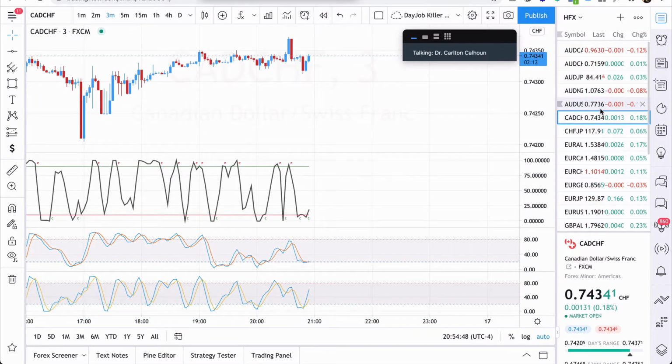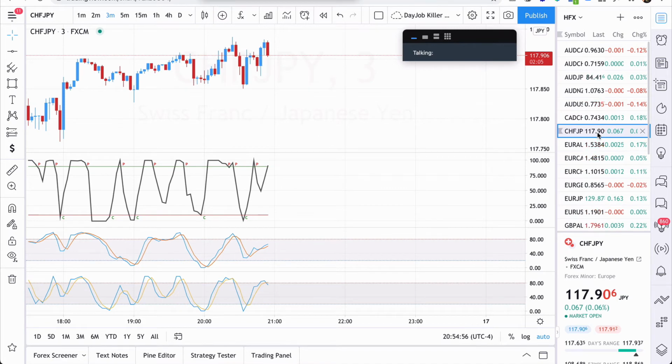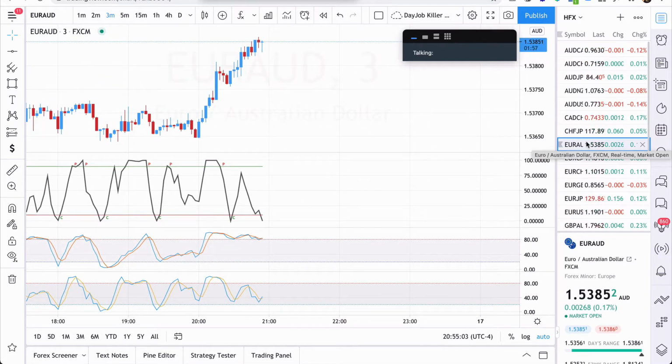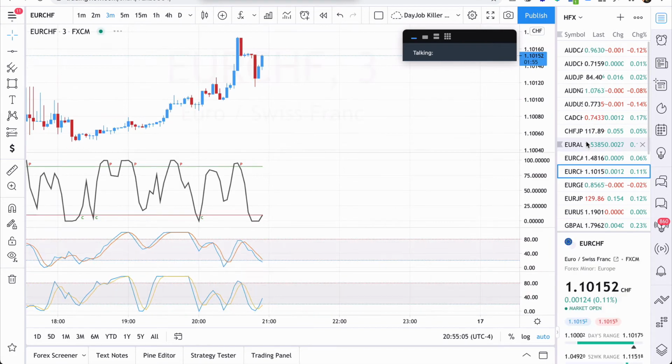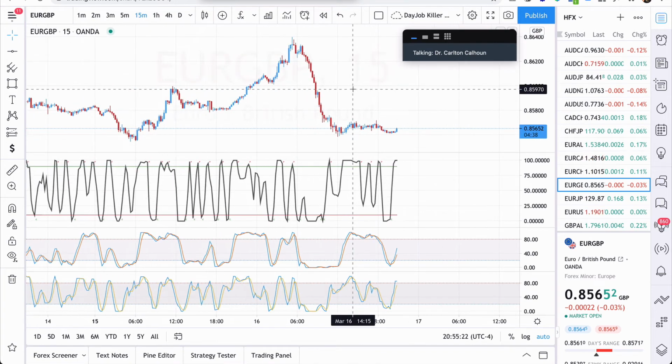All right, let's keep going. Oh, look at that. EUR CHF, potential call. Let's keep scrolling. EUR GBP, potential put. See, it's setting up top. Let's see how it's looking on the 15.